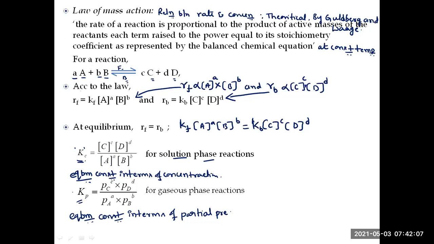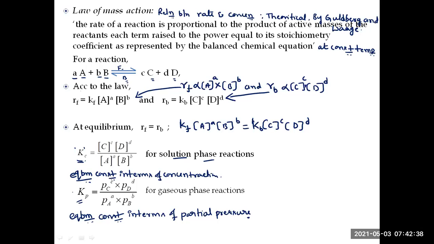Because for gaseous reactions, we will not be able to calculate molar concentration, which is the number of moles per dm cube. So in gaseous reactions, the pressure of each substance, called its partial pressure, is calculated. So there are two equilibrium constants, Kc and Kp. Kc for solution phase reactions, Kp for gaseous phase reactions.